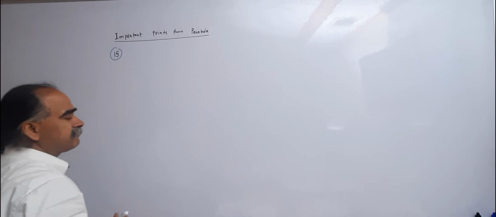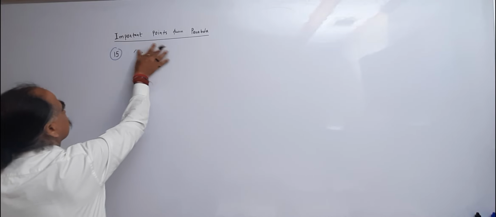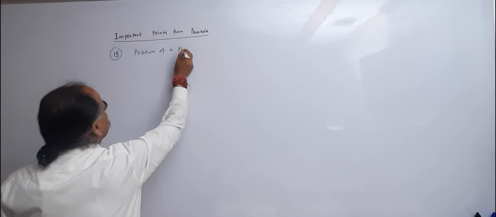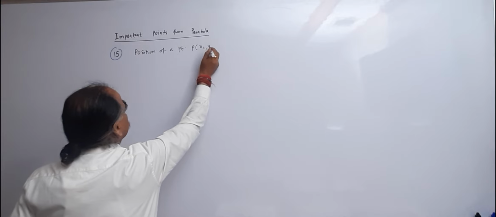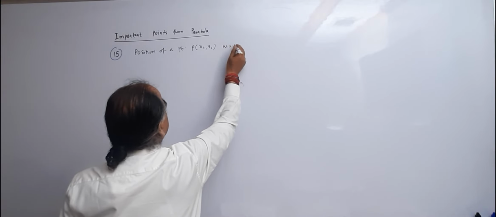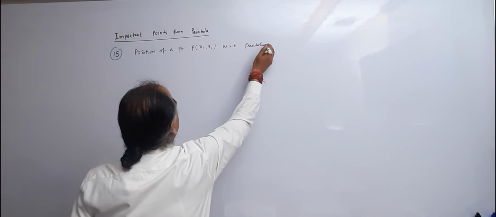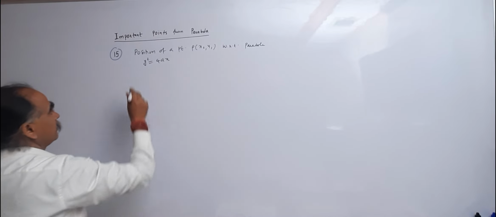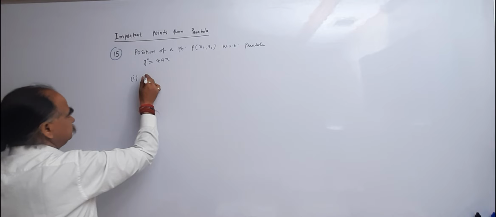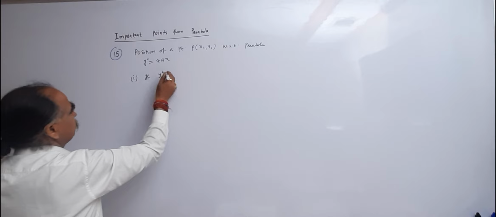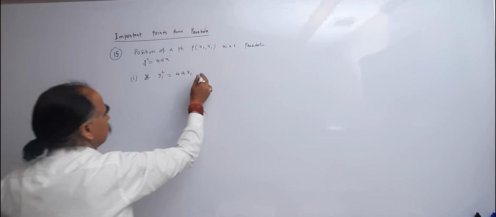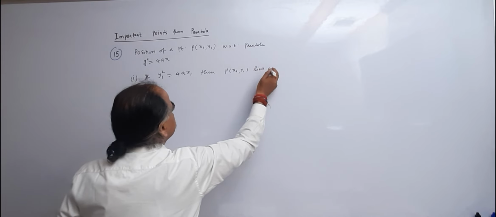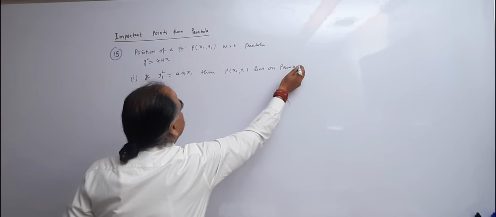Next point is position of a point. If y1 square is equal to 4ax1, then P(x1, y1) lies on the parabola.